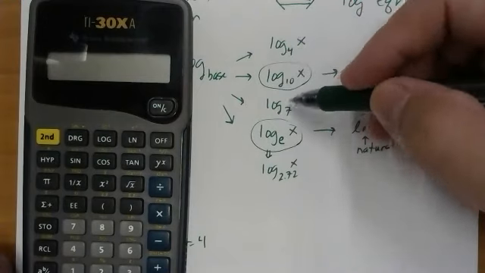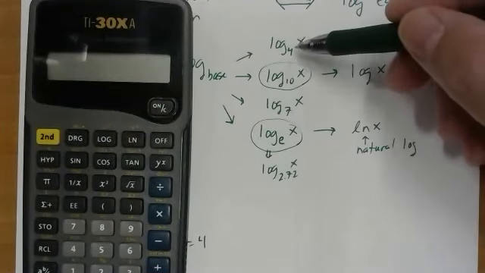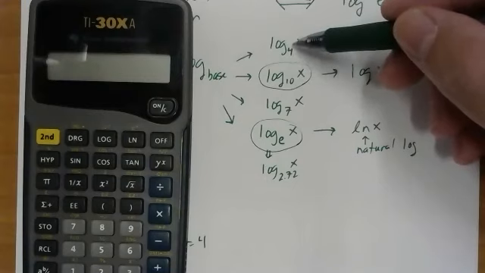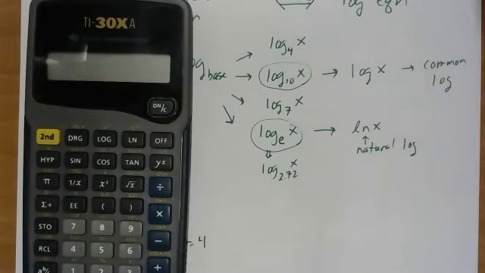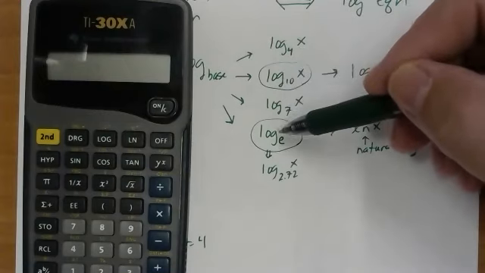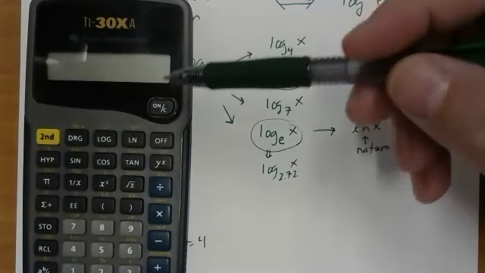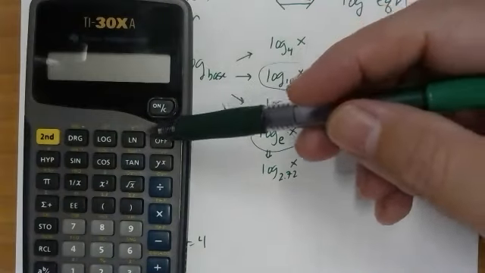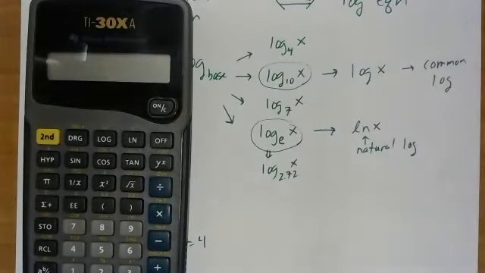Log base 4, log base 7, I could not use my calculator if I wanted to do a calculation. There are maybe fancier or more expensive calculators that do include other bases, but on most calculators to this day, you only have the ability to do common log and natural log. So that's also interesting. When we do some example problems in a few minutes, we'll be having to use these keys to do some calculations.